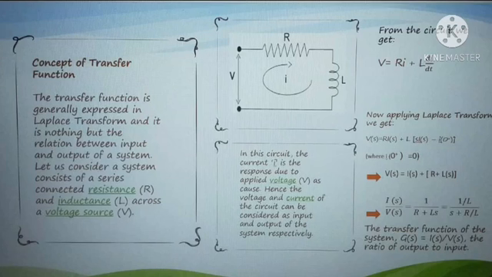From the circuit, we get V equal to Ri plus L di over dt. Now, applying Laplace transform, we get this equation. Then we rearrange the equation and we get G(s), which is the transfer function. G(s) equal to I(s) over V(s), which is the ratio of output to input.